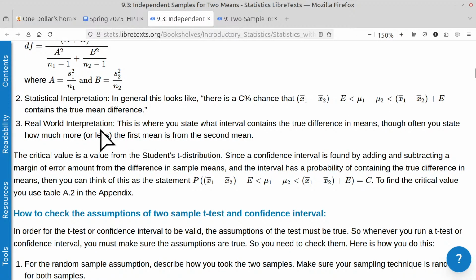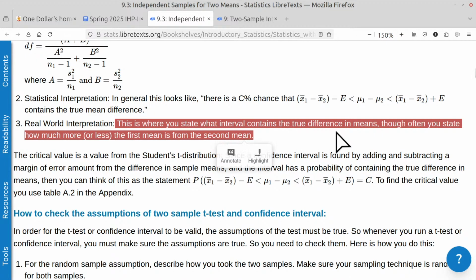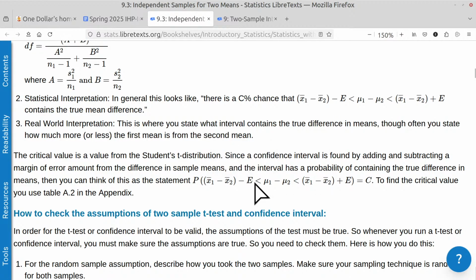The real-world interpretation is where you state that the interval contains the true difference in means, though often you state how much more or less the first mean is from the second mean.